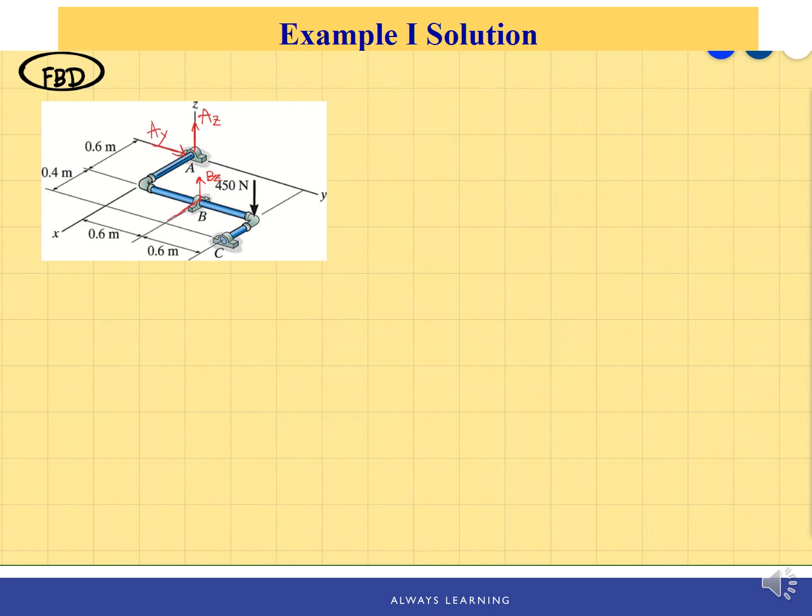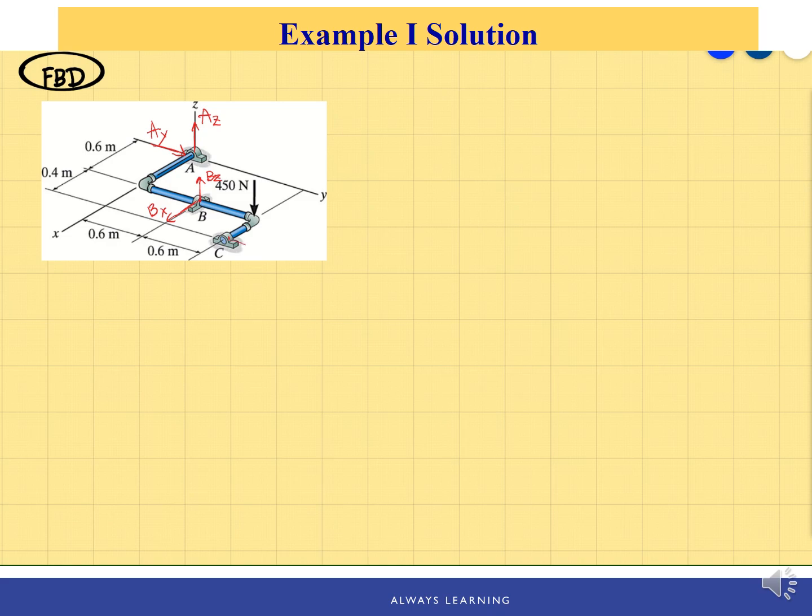So I have a force reaction along the X direction, which is BX. This pipe can move axially along the Y direction, in this case at point B, therefore there's no support reaction in the Y direction.